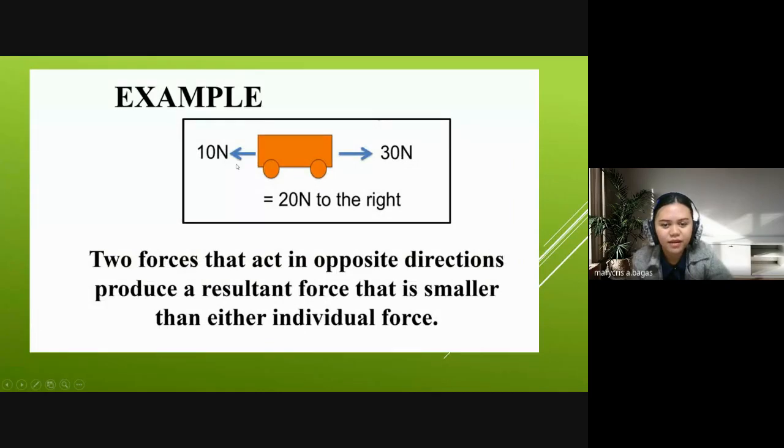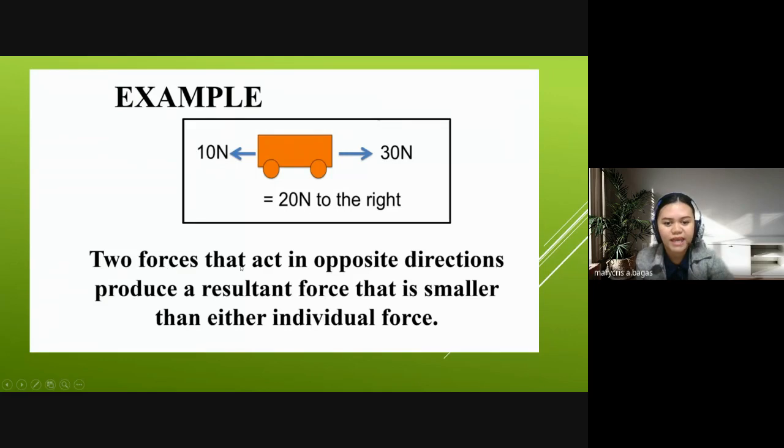So here, the forces are in opposite directions, on the left side and on the right side. On the left side, you can see 10 newtons, and on the right side there is 30 newtons. Which one is greater, the right side or the left side? Right. Of course, the right side, the 30 newtons, has the greater force.